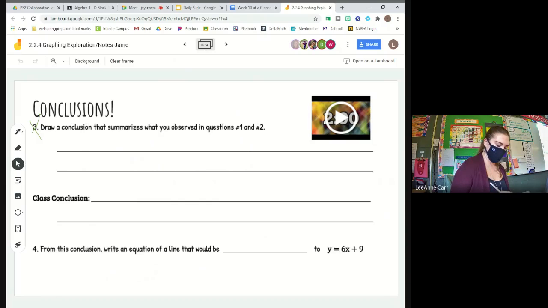That for parallel lines, sorry, brain fart, parallel lines, we said have the same slope. But remind me, did they have the same y-intercept? No, they do not.